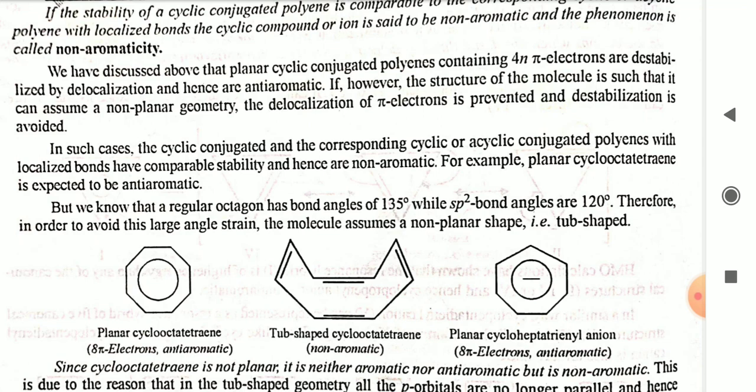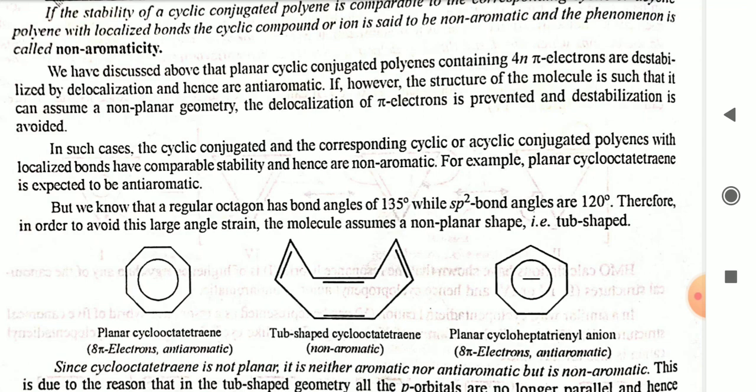If, however, the structure of the molecule is such that it can assume a non-planar geometry, the delocalization of pi electrons is prevented and destabilization is avoided. In such cases, the cyclic conjugated polyene and the corresponding cyclic or acyclic polyene with localized bonds have comparable stability and hence are non-aromatic.